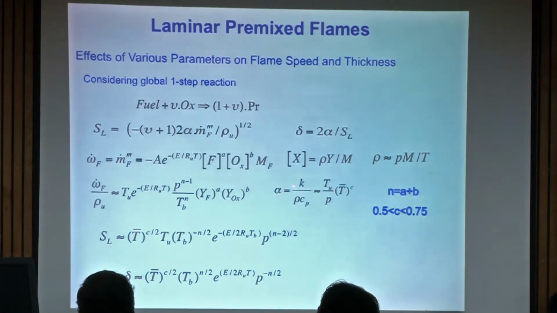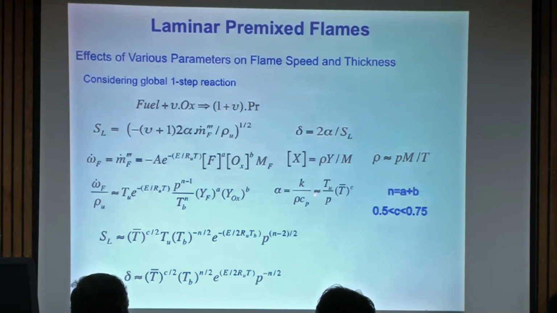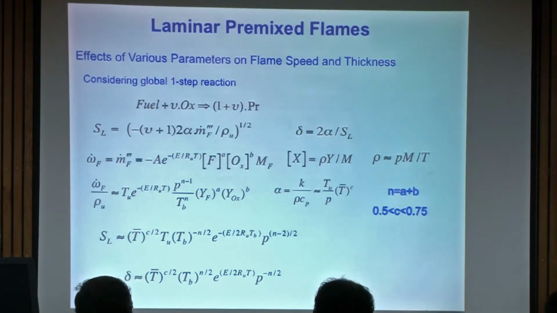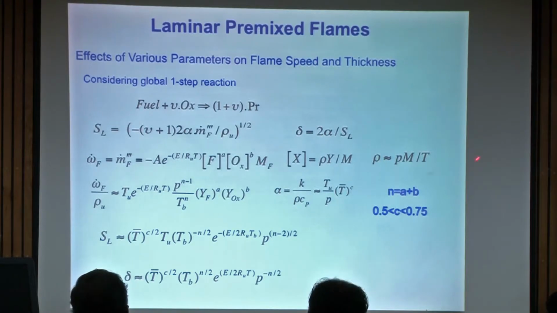Alpha also depends on temperature and pressure. Without going into a lot of details, in Turns' book, they have split this into unburned temperature and some average temperature, because the temperature varies a lot in the flame. Basically you can take C equal to 0.5.